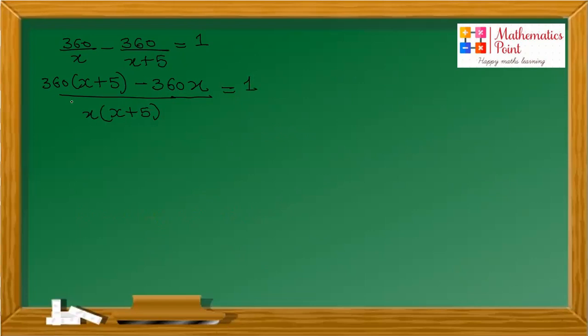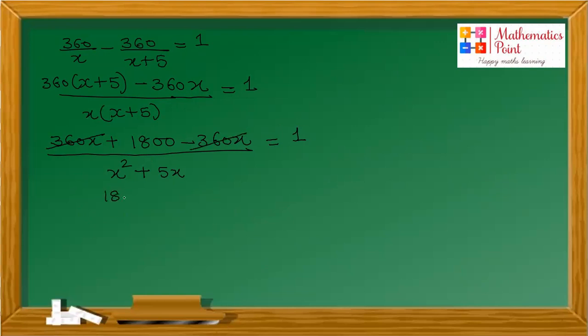Let us simplify it further. 360 into x, that is 360x. 360 into 5, that is 1800, minus 360x divided by x into x, that is x square, x into 5, that is 5x, is equal to 1. Now you see that 360x positive will cancel out with 360x negative.